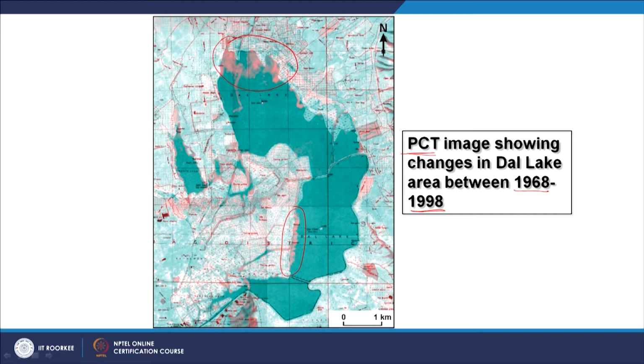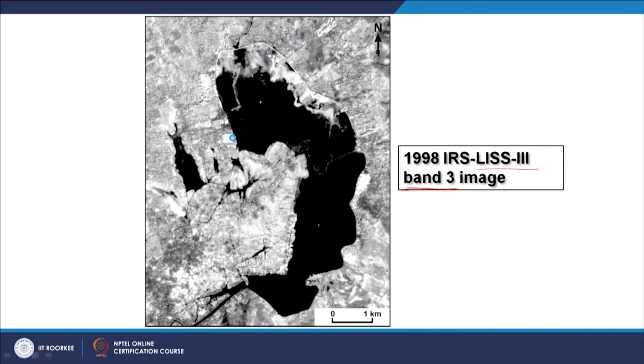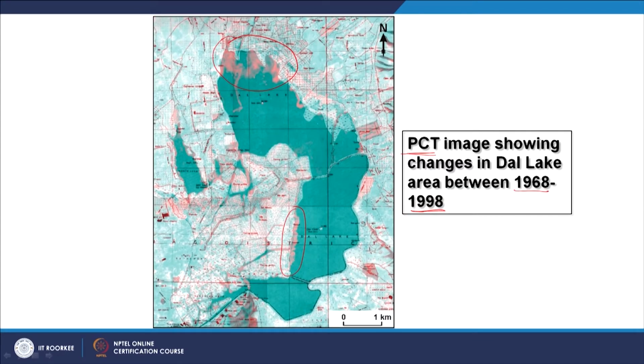Further, if you see this 1968 map, you would see there were connections between Dal Lake and Nagin Lake, and shikaras or small boats used to go from one lake to another. But in this image you would find that all those channels have been blocked because of growth of vegetation.